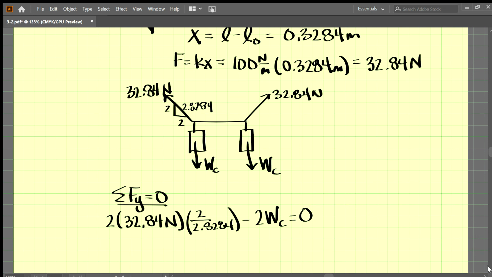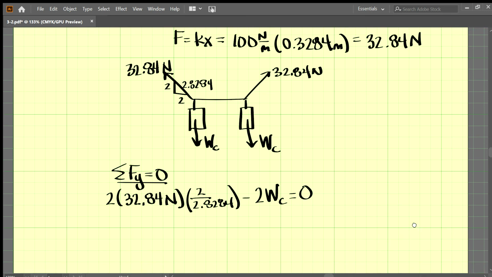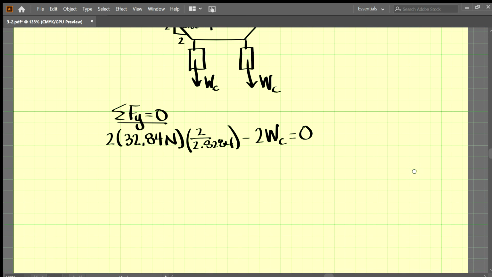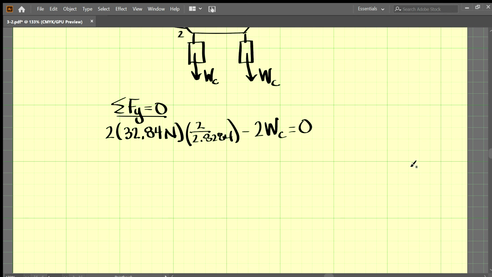With this equation, we have one unknown, the weight of the cylinder, and one equation. This should be solvable. Rearranging this equation, we get the weight of the cylinder is equal to 23.221 newtons.